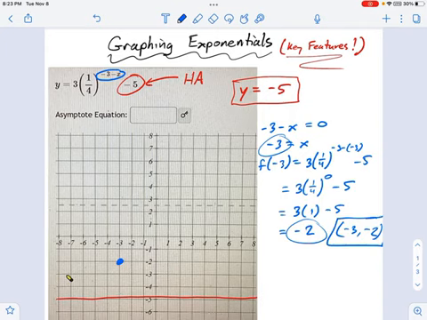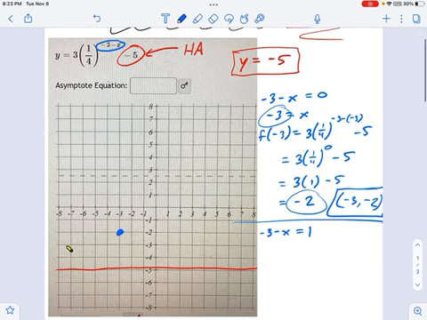Okay. Now the next thing I have to do is plot another value. And what you might try first, okay, let's say you don't really know where you're going. Let's just pick another nice value of the exponent. We're used to picking something like -3 minus x equals 1. And I'm going to show you why this is not the best idea. If you plug that back into your equation, you'll get something like this. Y equals 3 times 1/4 to the 1 power minus 5.